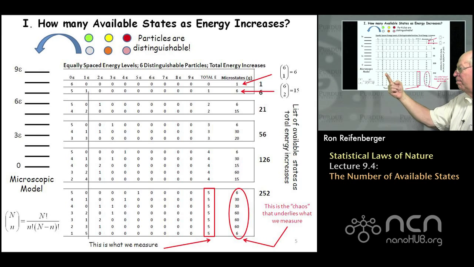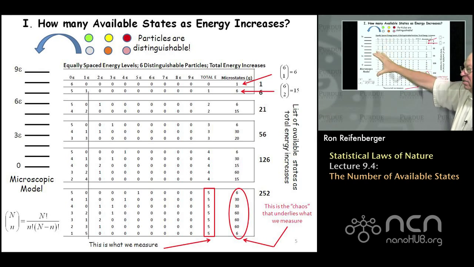If you add up the total energy of all the particles in each state, you'll end up with 5. That's a constant through this whole block of the table. And over here, I list the degeneracy of each state. This is the number of ways that I can achieve a total energy of 5 epsilon if I've got 6 particles somehow distributed in these energy levels.